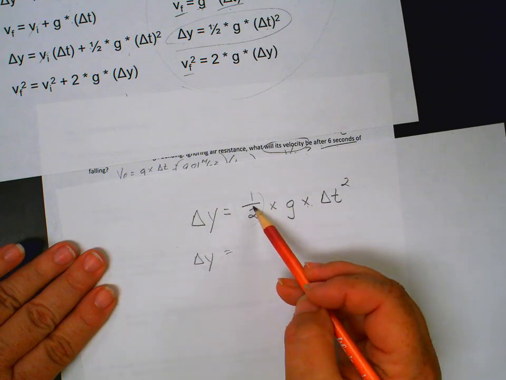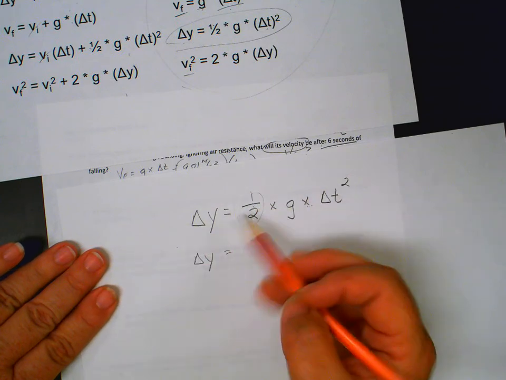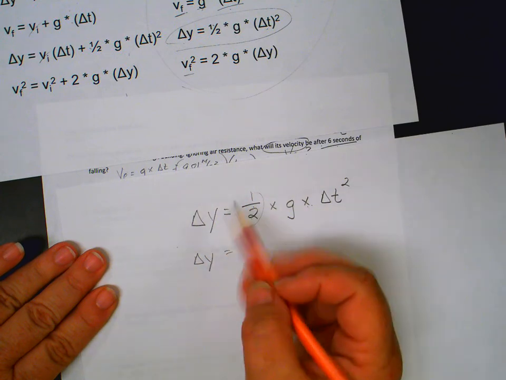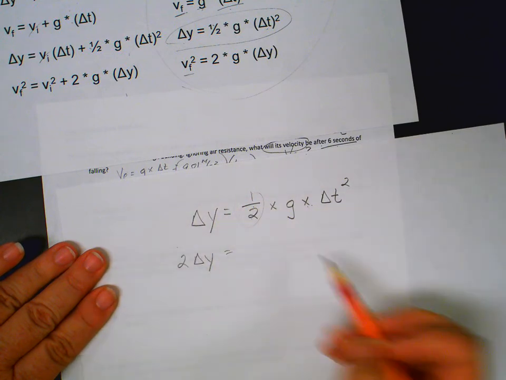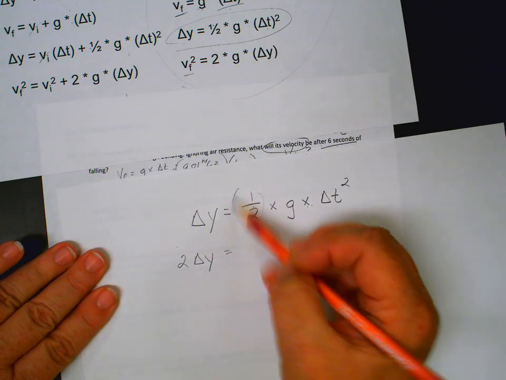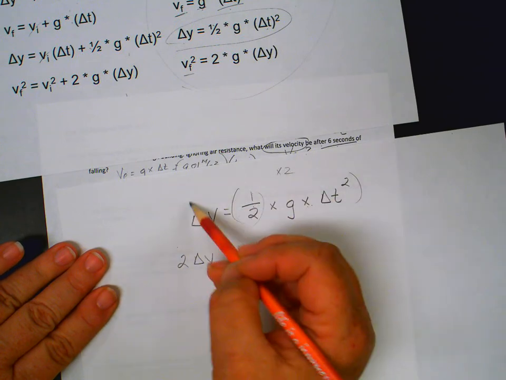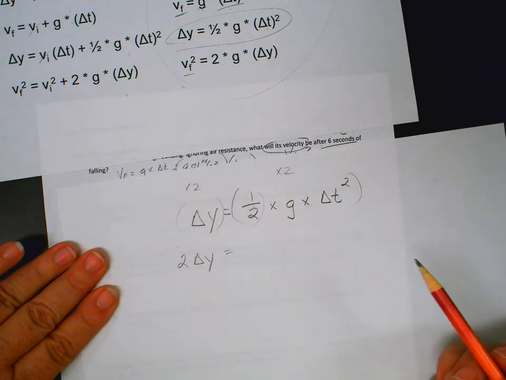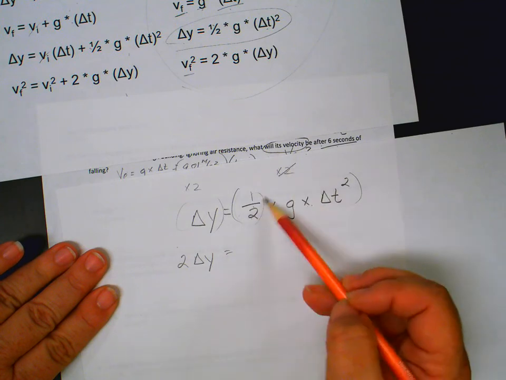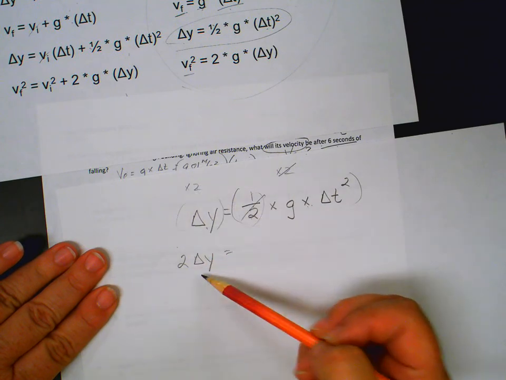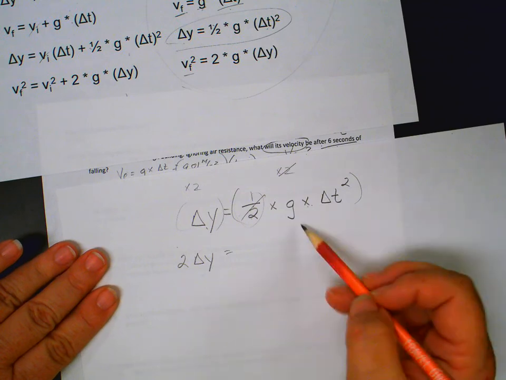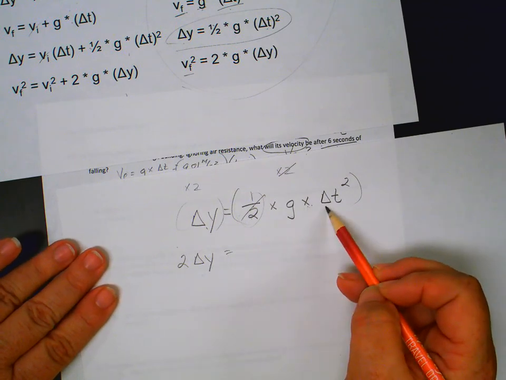So 1/2 times the 2 cancels each other out. And so you have 2 on this side. Again, all I did was multiply both sides by 2. This cancels out, and you have 2y on this side. So now we have G times delta T squared.